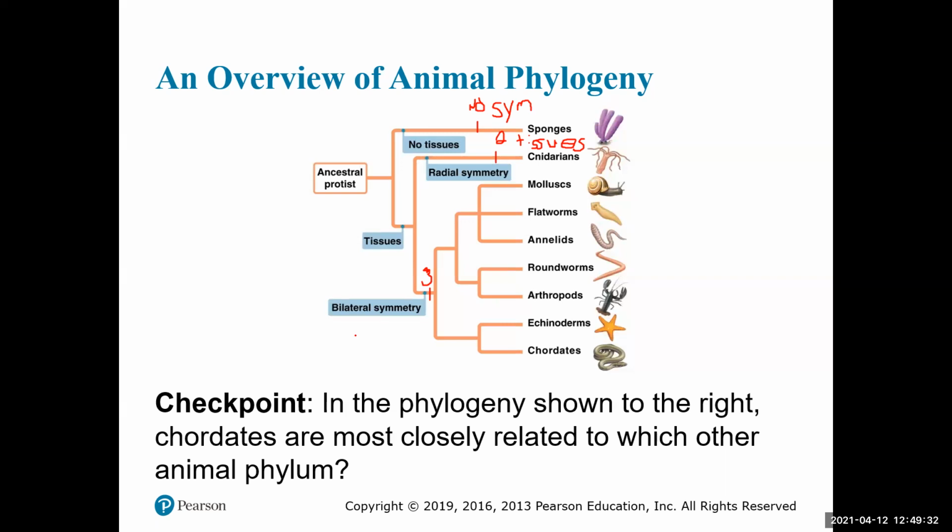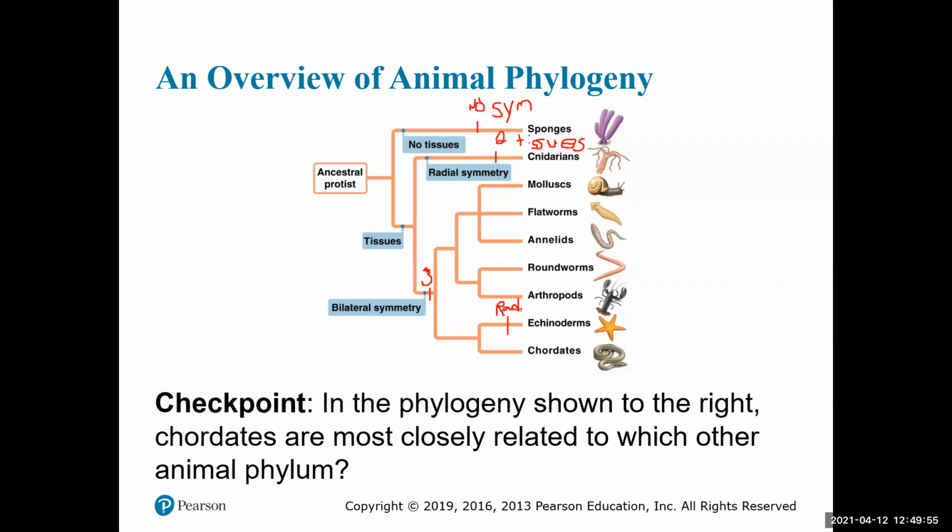Okay. The only phylum that is not bilaterally symmetrical is echinoderms. And I'm going to clarify this statement in a second. Echinoderms have radial symmetry, so I'm going to say rad for radial.